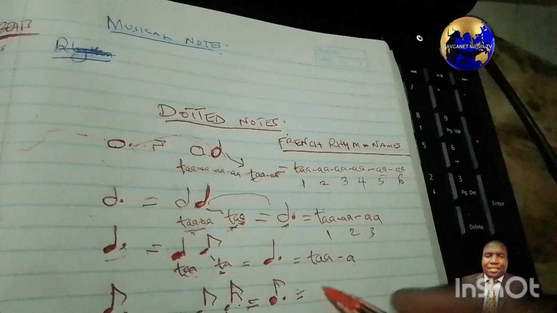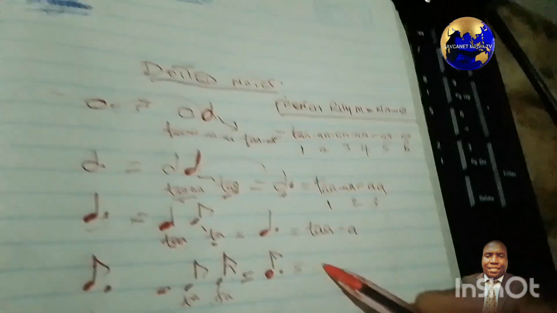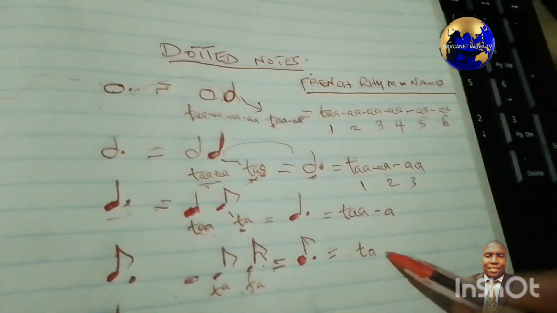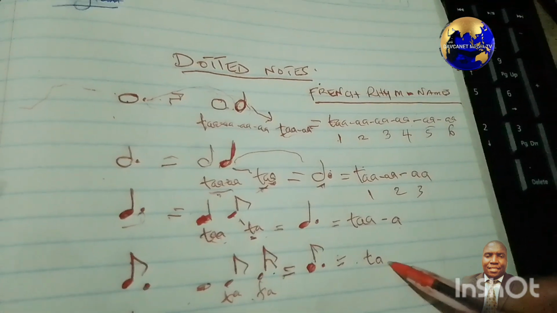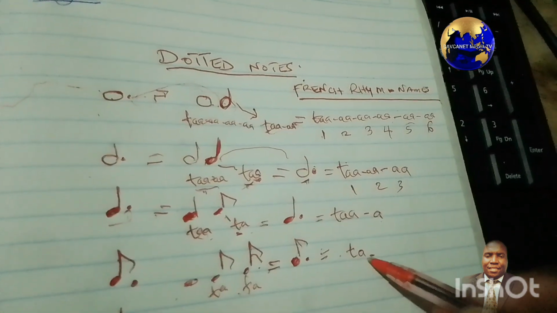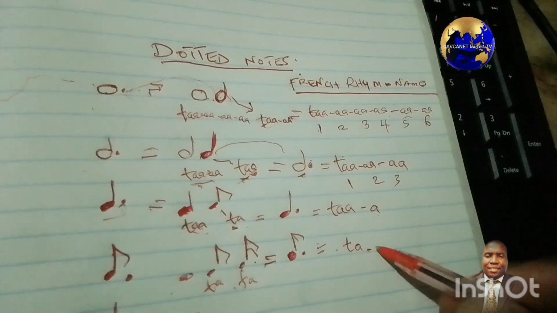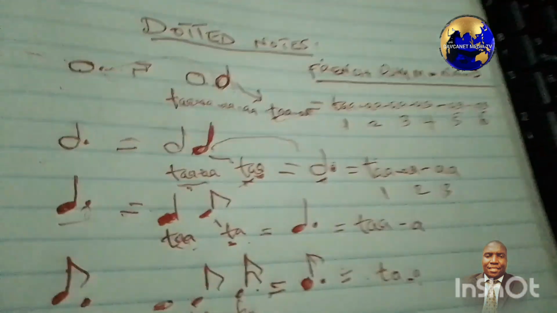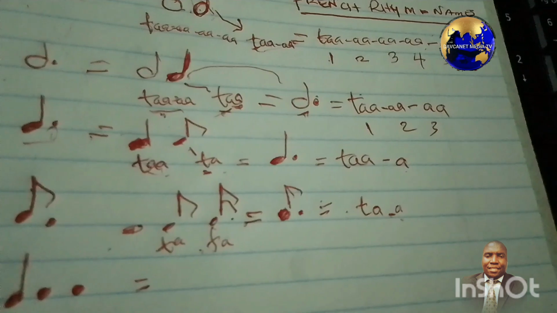So the French rhythm name of a dotted quaver becomes ta, ta. We omit fa.